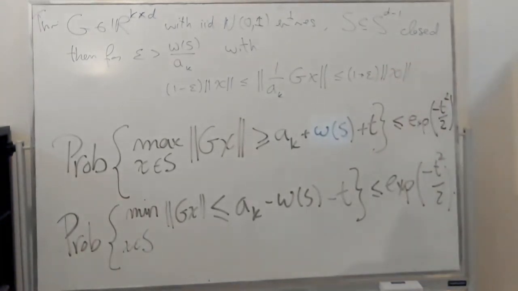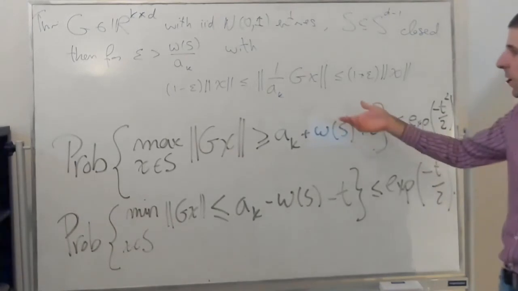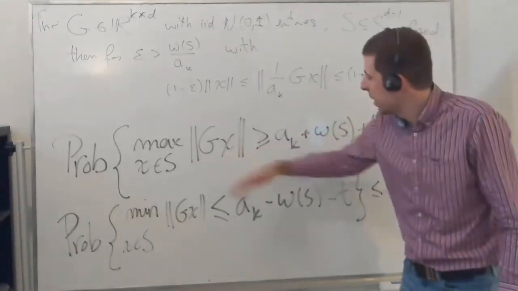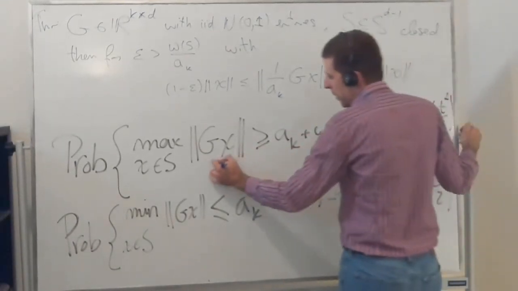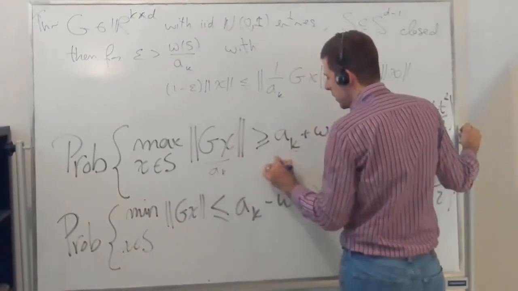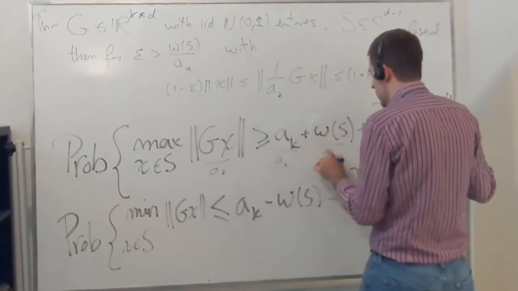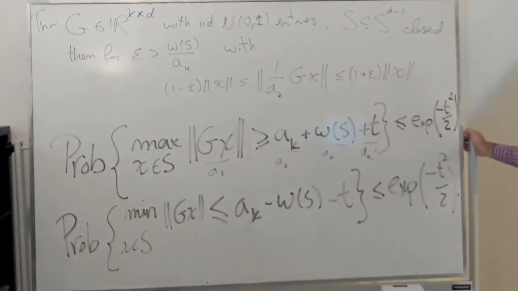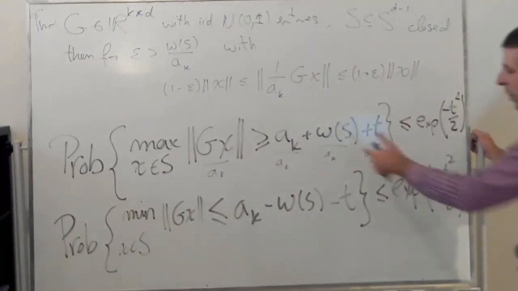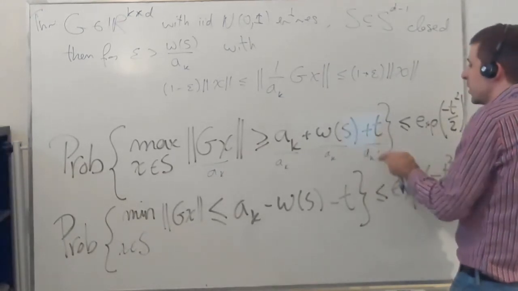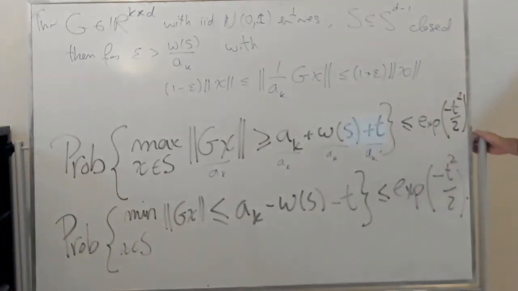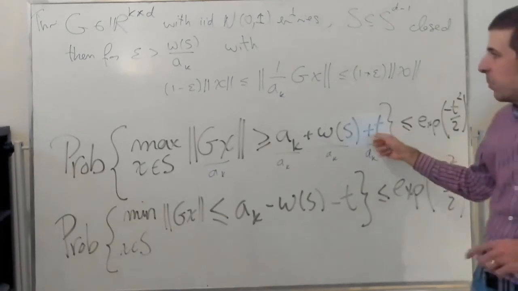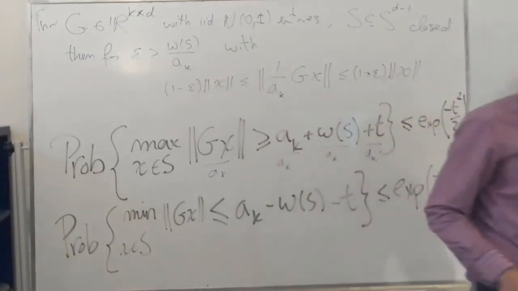Okay, and this will follow exactly from here. We just have to set epsilon. If we divide by AK here, and here, and here, and here, I just have to set epsilon to be equal to WS over AK plus T over AK. And so that's why epsilon needs to be bigger than that, so that T is positive.